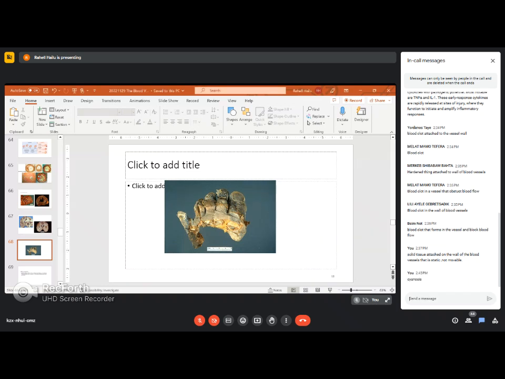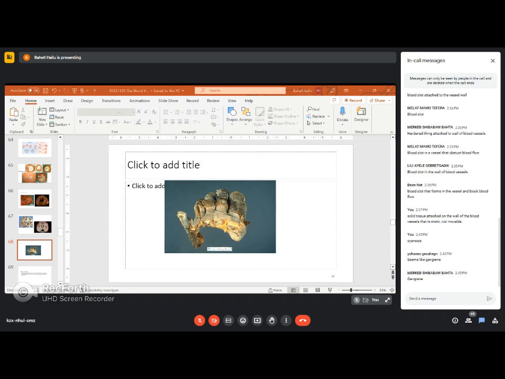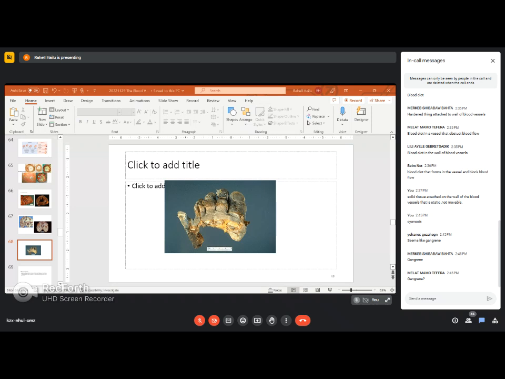Anyone guess what this is? Yes, Johannes, you are right. This is gangrene. So it's basically unperfused gangrenous tissue, which is a special type of ischemic necrosis, as you know.